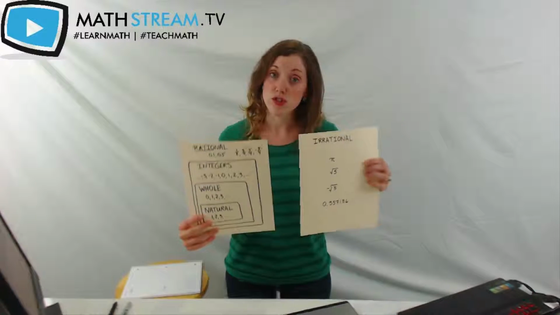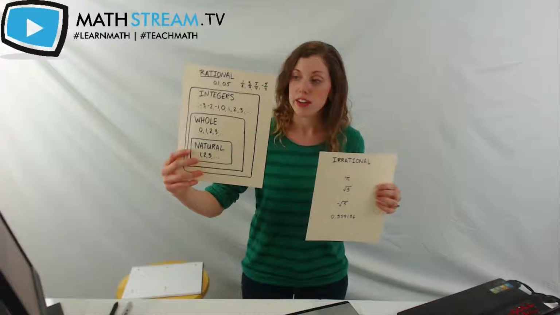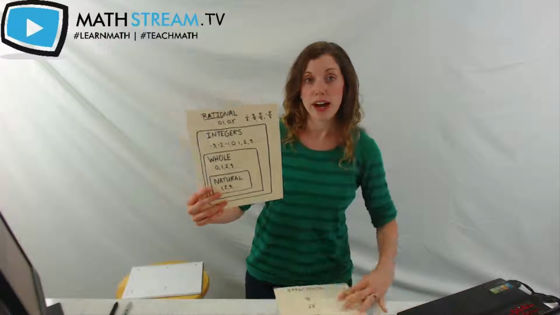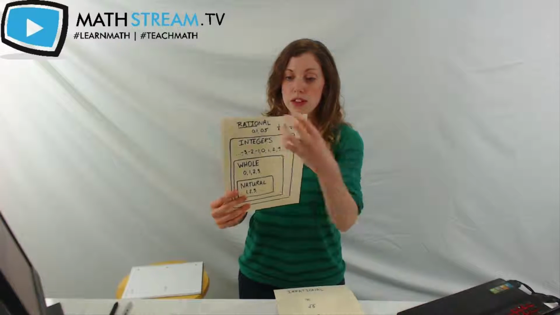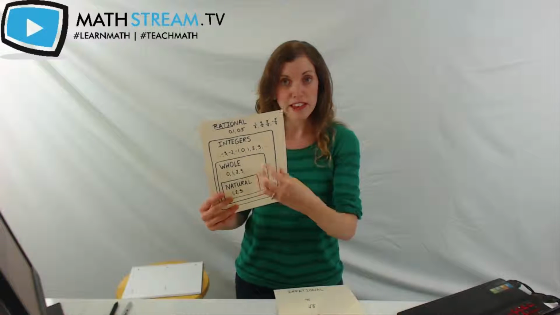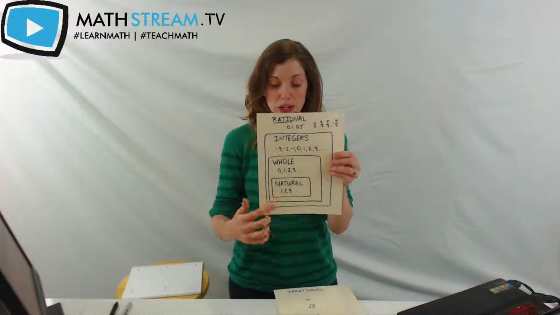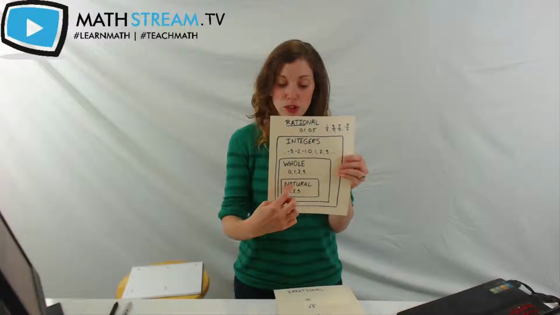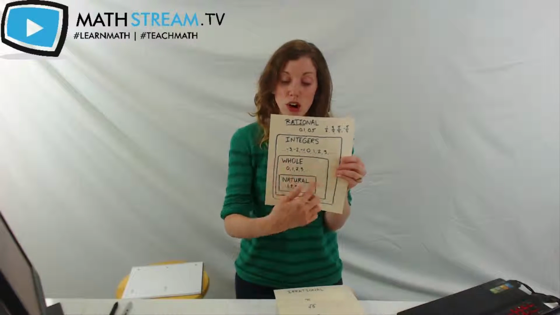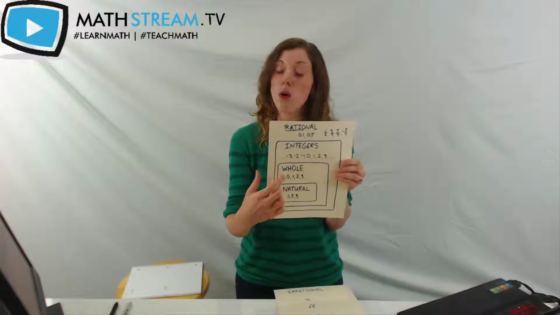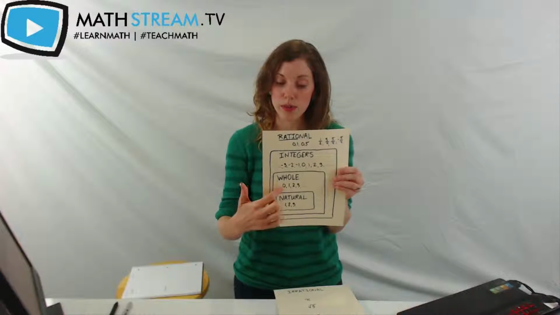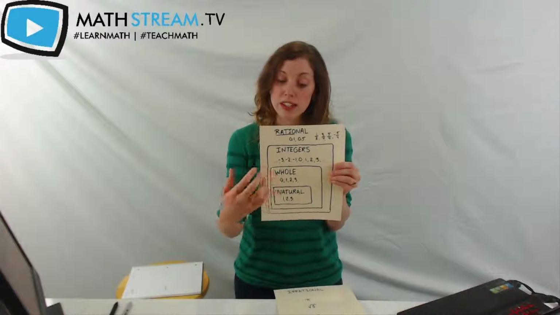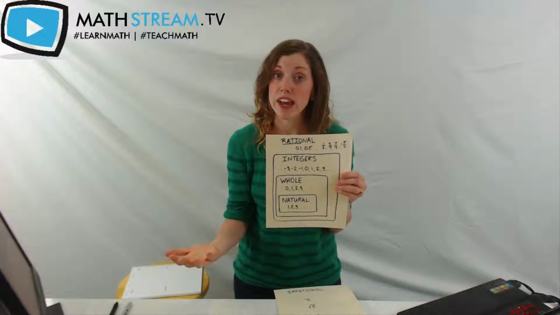The reason I have these on 2 separate pages is because all of these numbers exist in the sets just the way that I've described them here. So all of the natural numbers exist within all of the whole numbers, right? But the whole numbers add something new. It adds 0. All of the whole numbers exist within the integers, but the integers add something new.